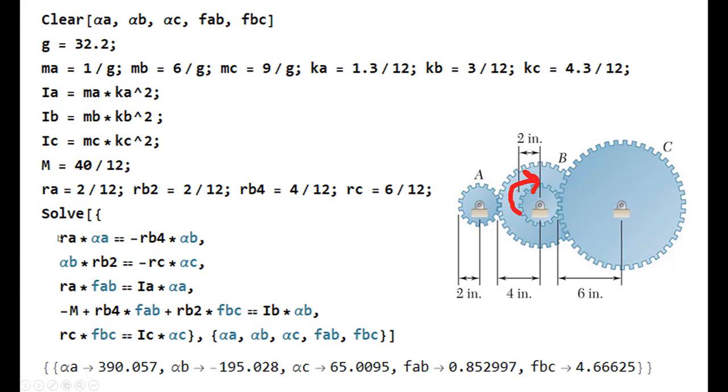This is purely from geometry: looking at where they touch, they have the same tangential acceleration. Tangential is R times alpha. And then these last 3 equations that we're solving all came from force balances on each individual gear.